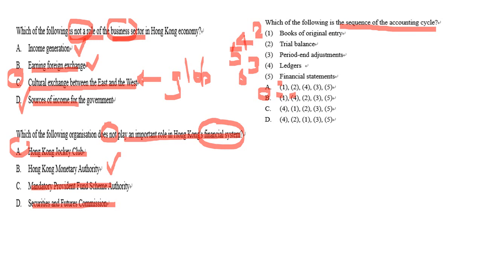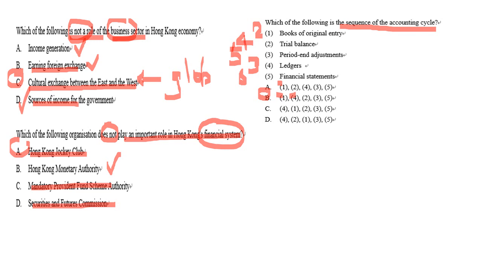Next one, the sequence of accounting cycle. The first step is to identify business transactions. Identify business transactions, not here. Okay. The second is to record in the books of original entry. Number three is to post to the ledgers.